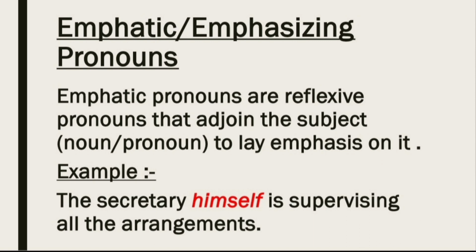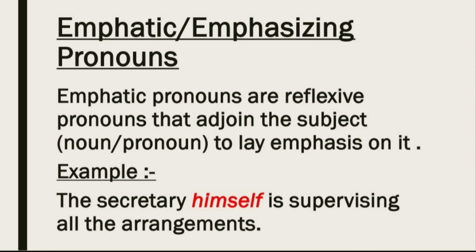Have a look at this example here. The secretary himself is supervising all the arrangements. So, in this particular sentence, the antecedent, that is the noun or the pronoun, is the secretary, right?